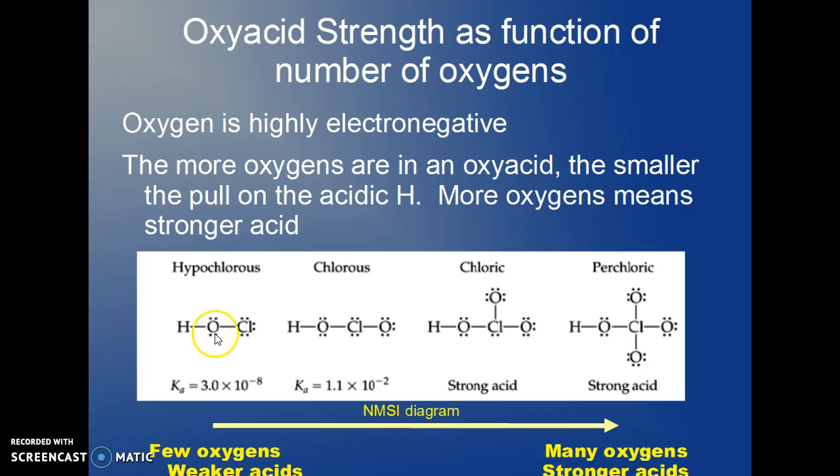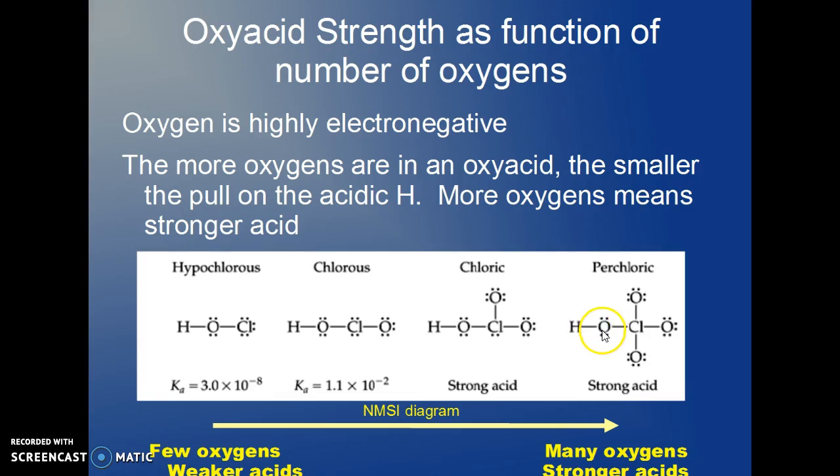And what's the difference? Well, oxygen here, just 1 to withdraw electrons. Here, 1, 2 oxygens in this molecule to withdraw electrons. In chloric, 1, 2, 3 oxygens pulling on the electrons along with the chlorine, so the hydrogen is a lot easier to get off.